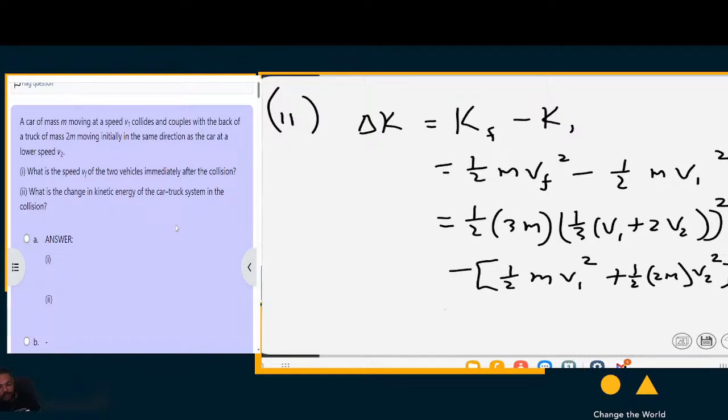This is an exercise in algebra, but eventually you will end up with negative m over 3 times v initial, v1 squared plus v2 squared minus 2v1 v2.